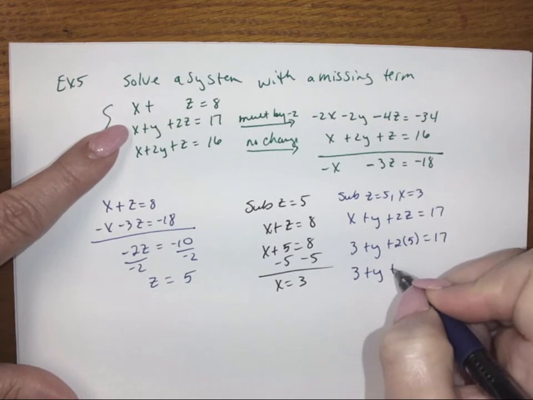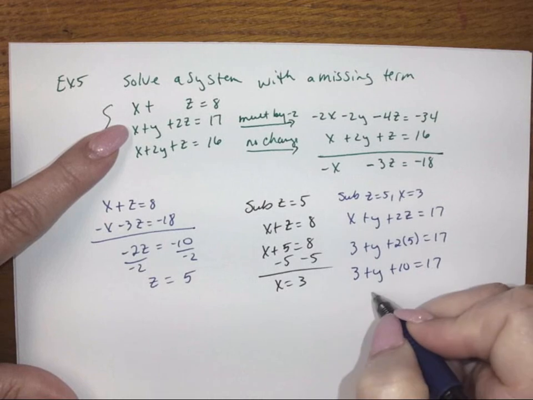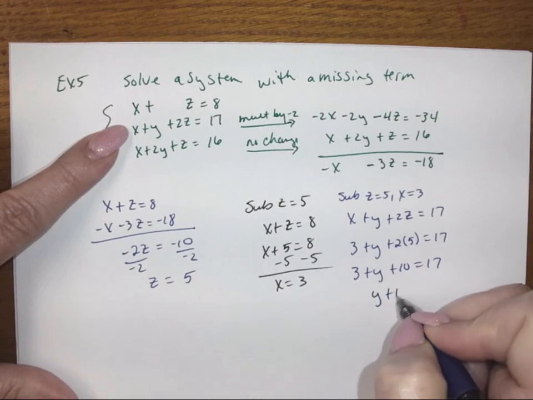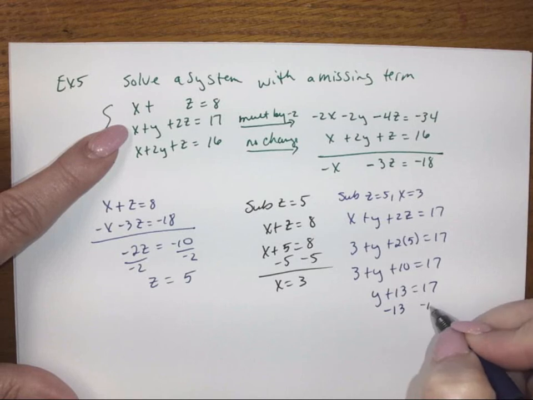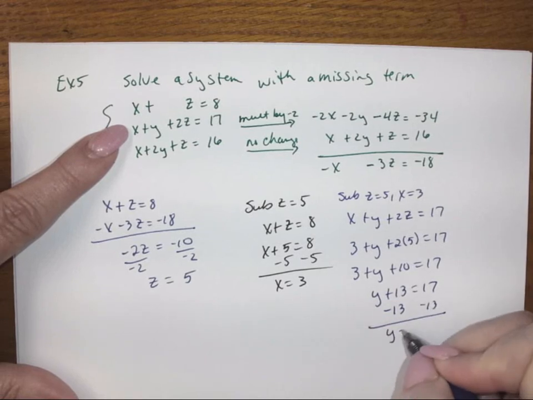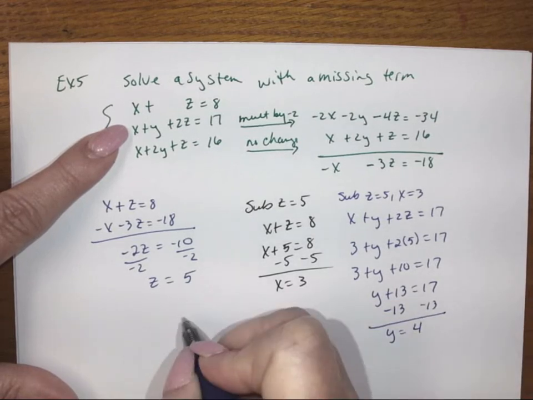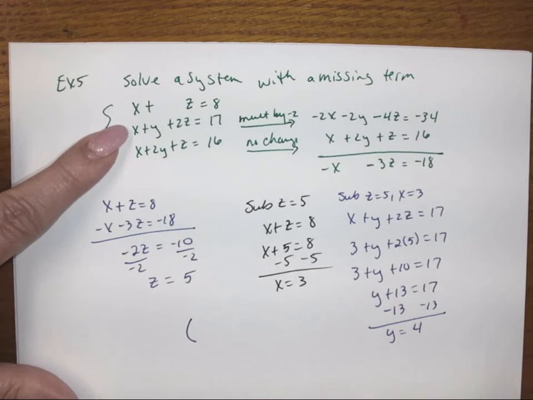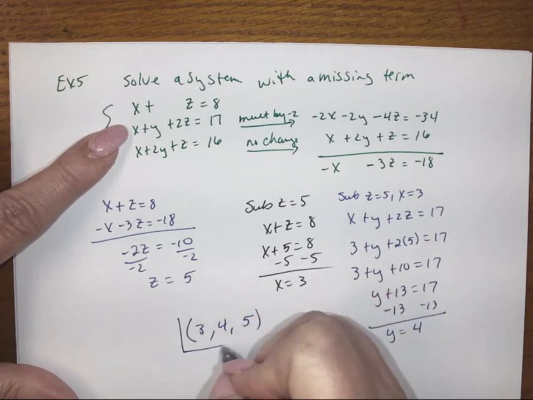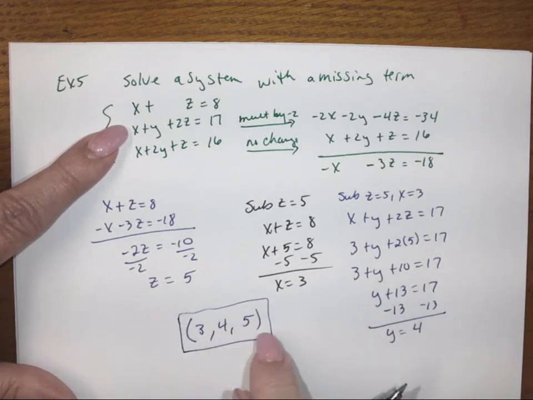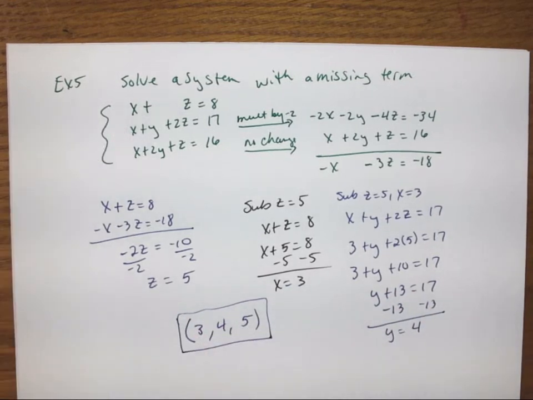So 3 plus y plus 10 equals 17. So I have y plus 13 equals 17. Subtract 13 from both sides, and we get y is equal to 4. So my answer will be x is equal to 3, y is 4, and z is 5. And again, it has to be in parentheses because it is an ordered triple.